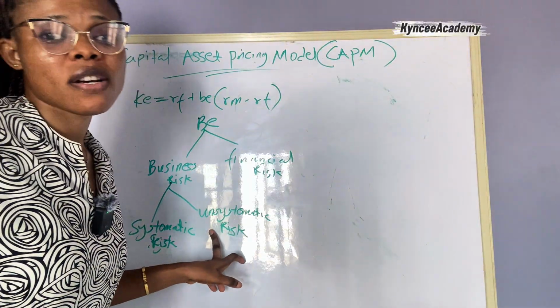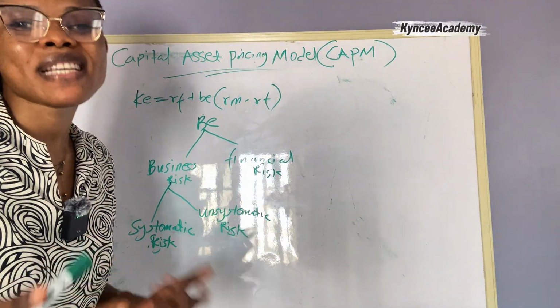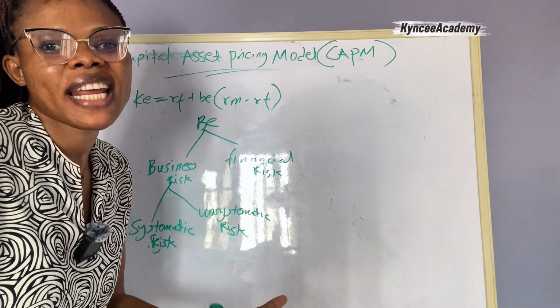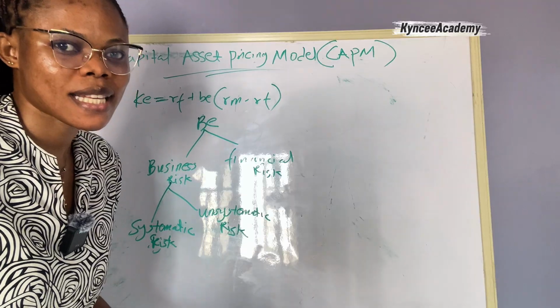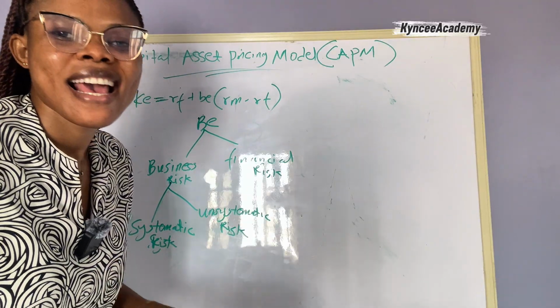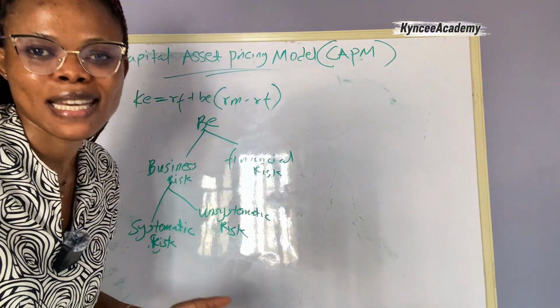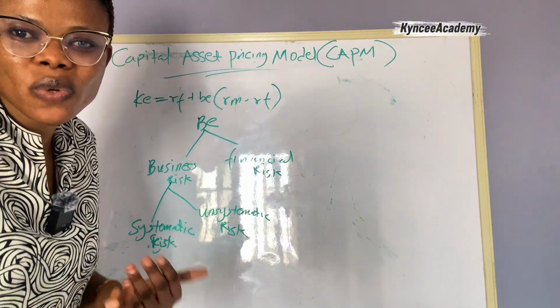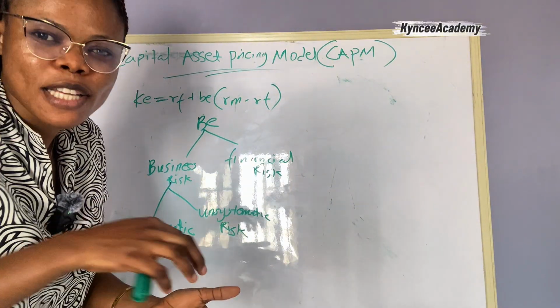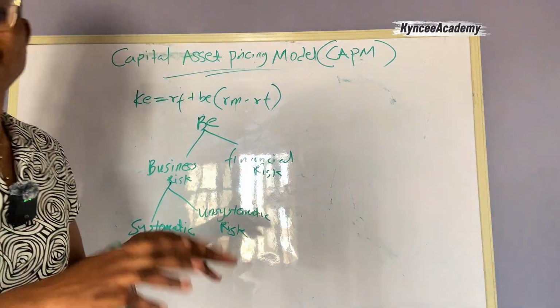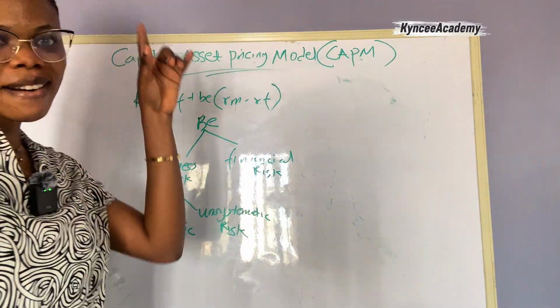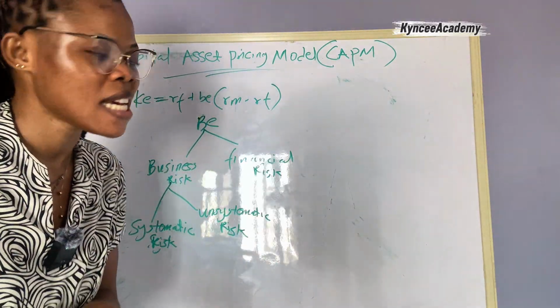Then unsystematic risks are risks that are peculiar to companies. For example, operational inefficiency and internal control problems. Those are internal, within the company, specific to the company, not general and not the whole of the industry.